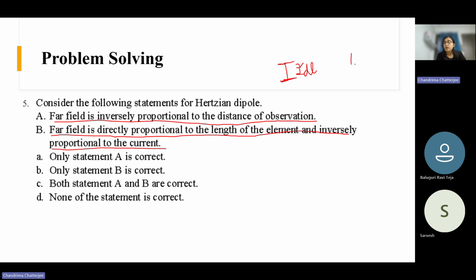Sometimes you will find that it could be r square or r cube, where r is the distance. But for far field, suppose we are talking about electric field, E far field is proportional to 1 by r, and it is proportional to I, the current, and it is also proportional to dl. dl is the length of the dipole.